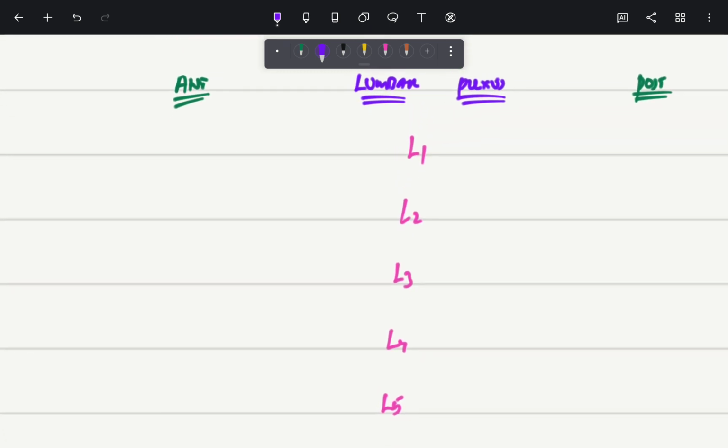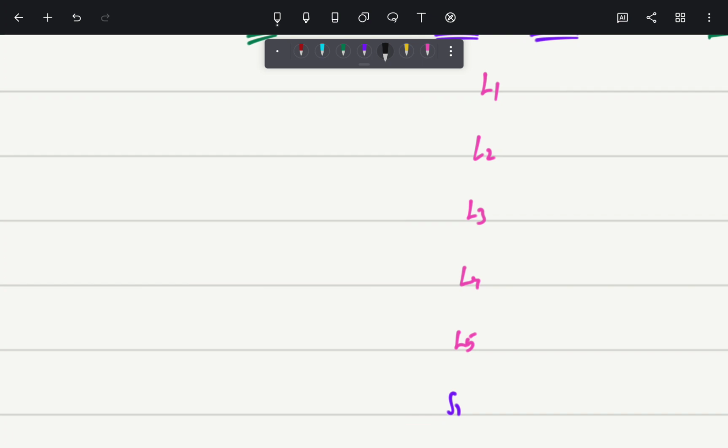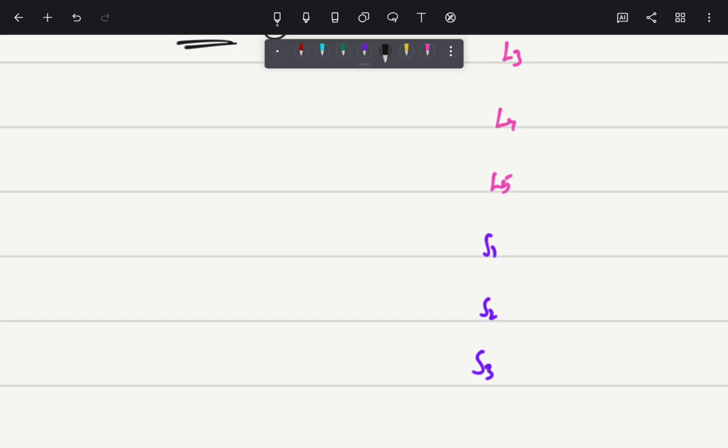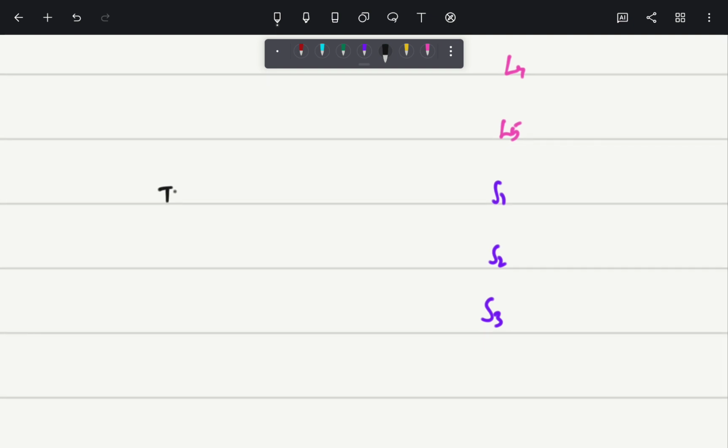From the anterior division we are going to derive the main nerve, which is your obturator nerve and your tibial nerve.